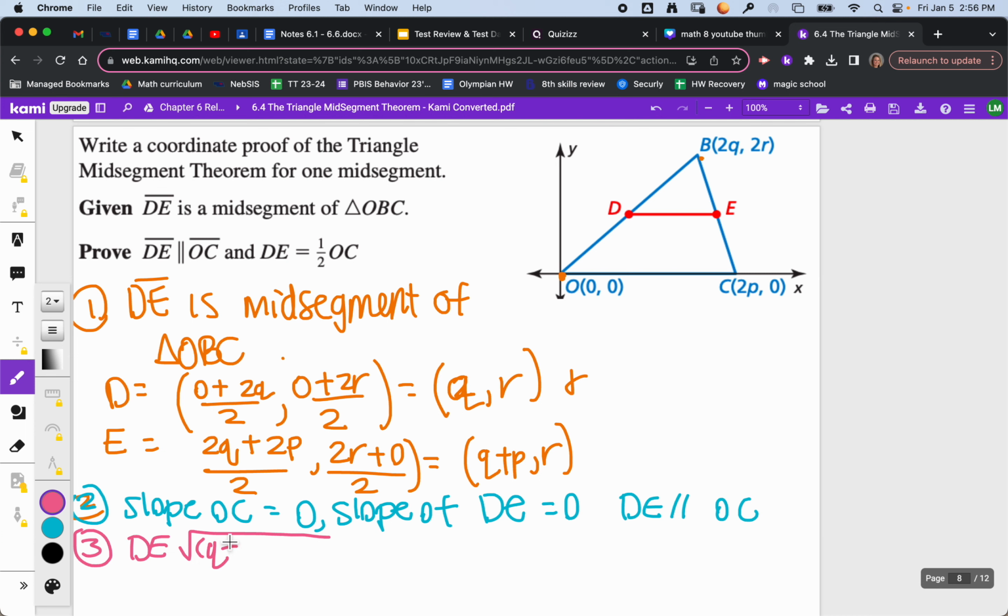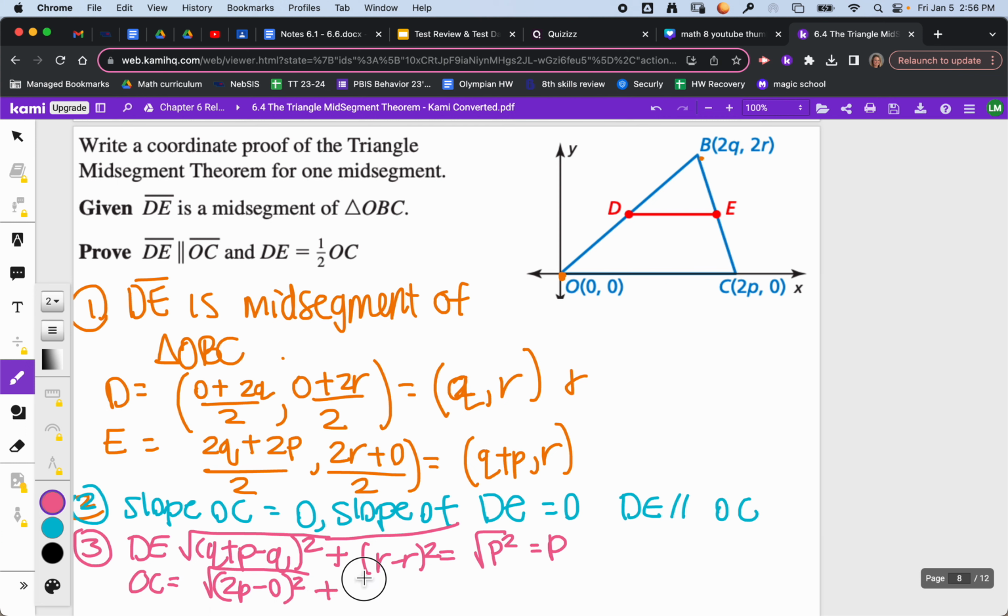The Q plus P minus Q squared, changes in x's, and then changes in y, R minus R squared would just give us P squared, which is equal to P. OC can be found by doing the changes in x's, 2P minus 0 squared plus 0 minus 0 squared, which is just going to give me 4P squared, which is equal to 2P.